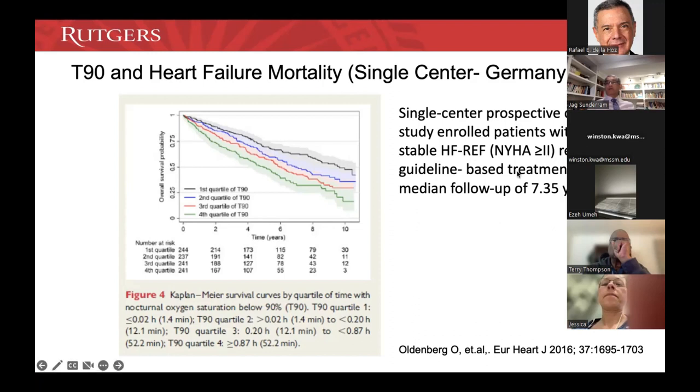All of them had a New York Heart Association class of greater than or equal to 2, and they were all receiving guideline-based treatments. They were followed for almost 7 years, and what you see is in the fourth quartile of T90, there was an increased risk for mortality from heart failure.